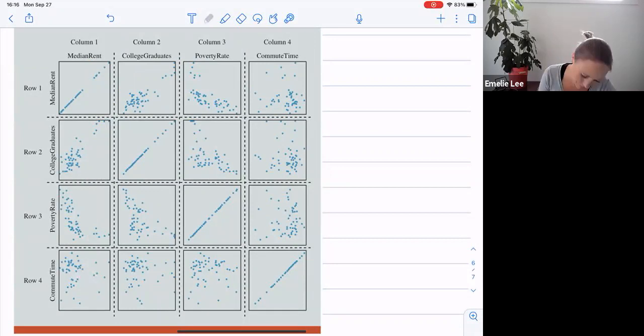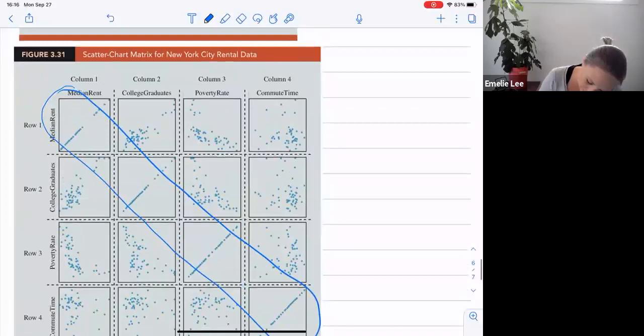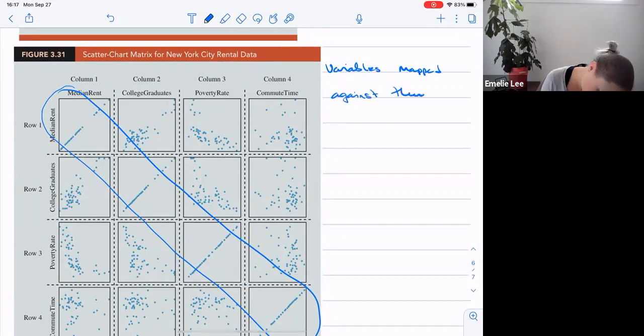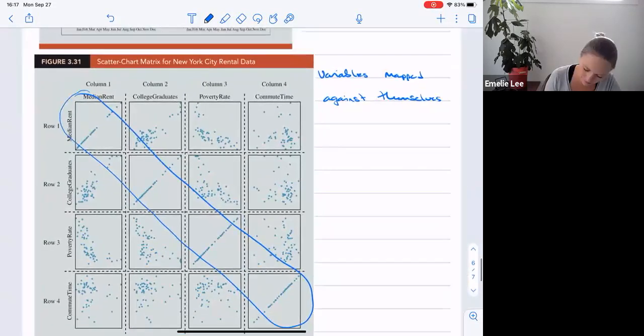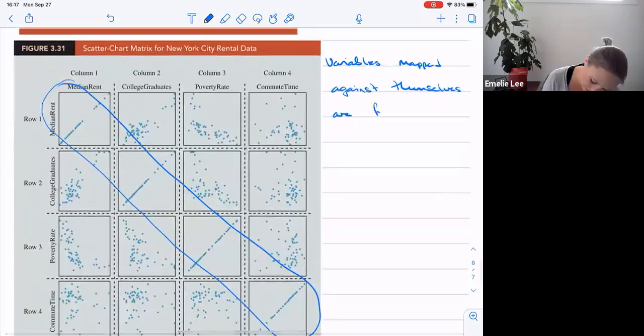And so here, variables mapped against themselves are found on the diagonal.